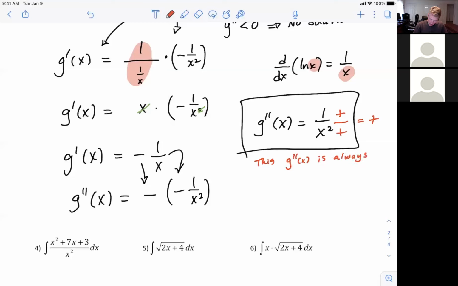So even if you put a negative 7 in there, because it says x squared, negative 7 would be a positive 49. So 1 divided by positive 49 is positive. The only exception is you can't divide by 0.